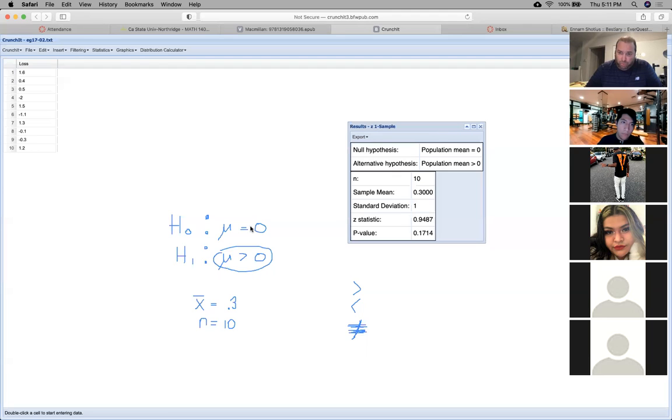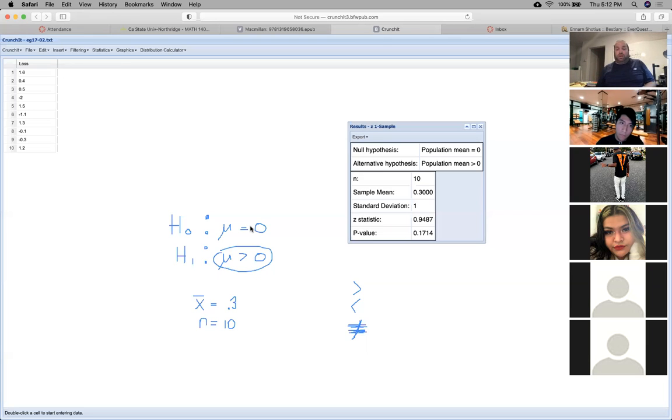So the general rule of thumb is if the p-value is bigger than 0.05, then we do not reject the null hypothesis. Basically a 1 in 20, that's right. If something has a 1 in 20 chance of occurring and it occurs, that's the border between crazy and just unlucky.